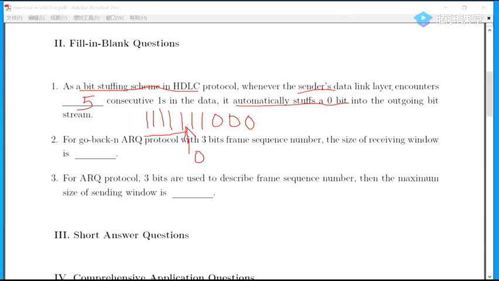The size of the receiving window is always 1. It's always 1.